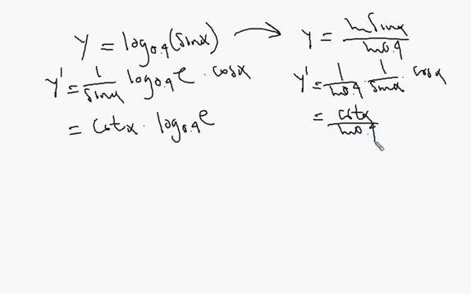And these are, of course, the same because log base 0.4 of e is ln of e over ln of 0.4, which is 1 over ln of 0.4. So we get the same answer from either problem, just like before. All right, and there you go.